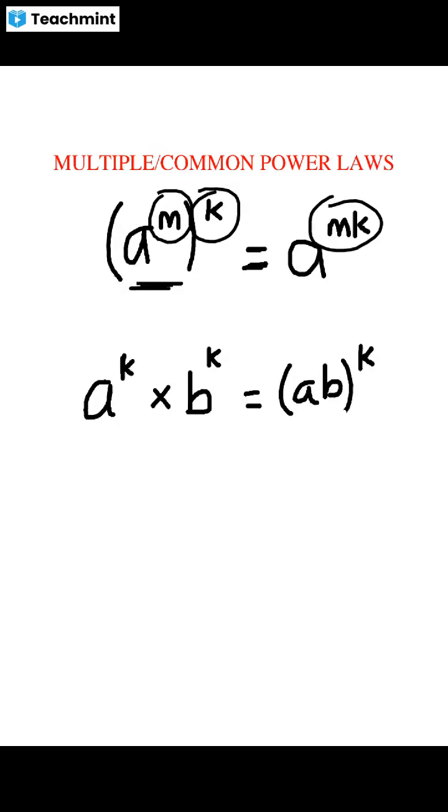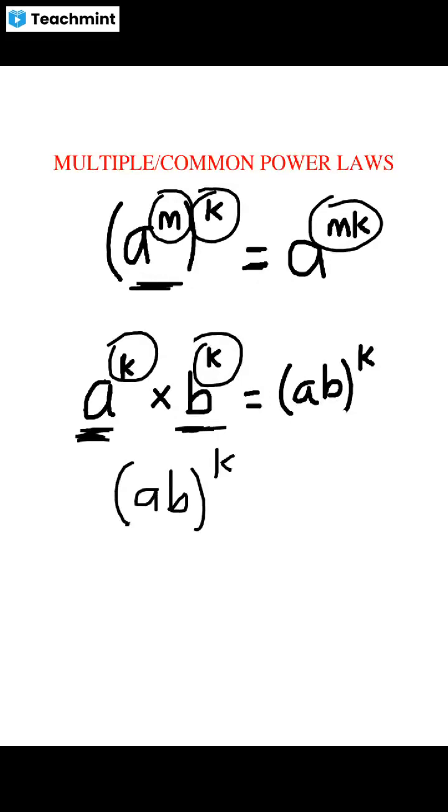Now, look at this one. Here we are not having the same thing. Instead of the base being equal, it is the power that is equal. So if you have something like that, then we can combine it. You can say A times B is AB. You can put the same power on it. That's the law. They have a common power. When they have a common power, they can combine.